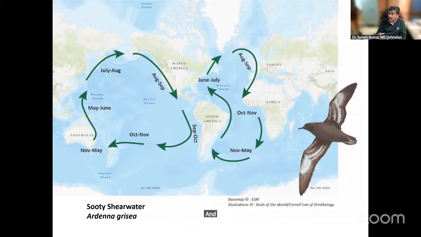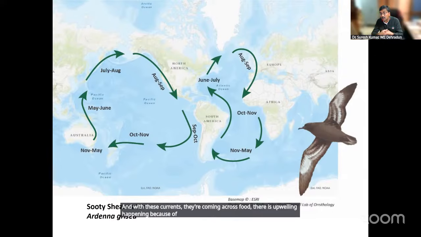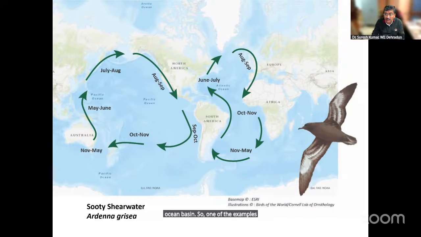And with these currents, they're coming across food. There is upwelling happening because of the ocean current circulation, and they're able to find food. So they're all the time on the wing, moving across these large ocean basins. So that is one of the examples of loop migration.